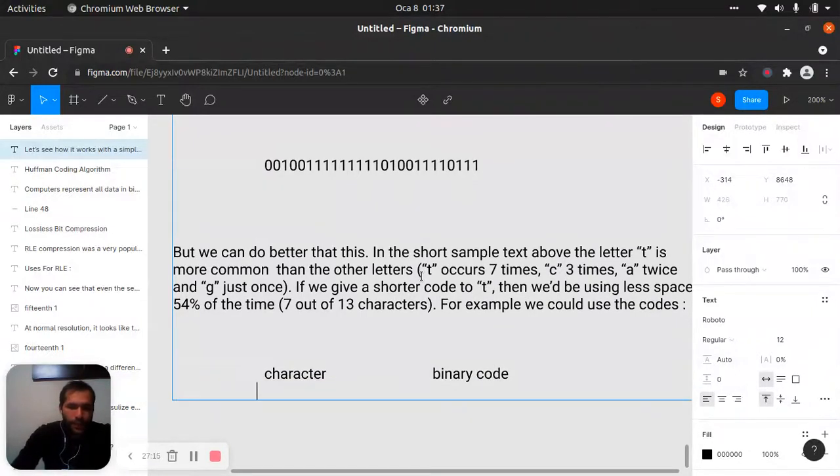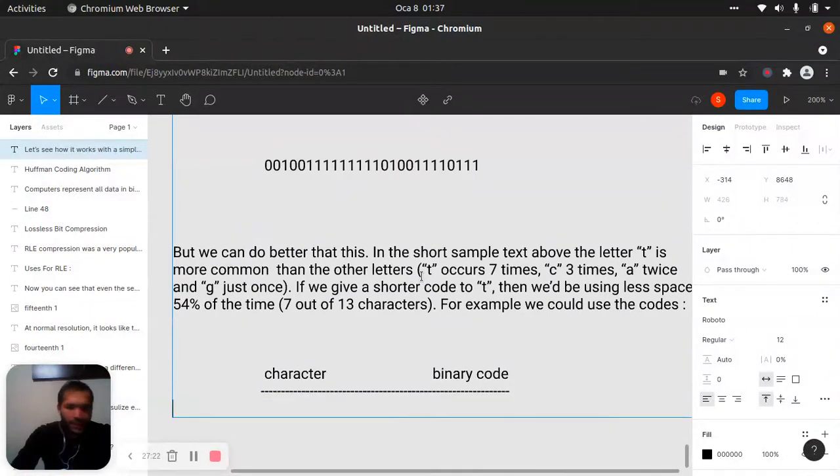Let's do again this line below them. Again, A, now this is the key here for using Huffman coding. This is important. Let's join at this point and solve together.